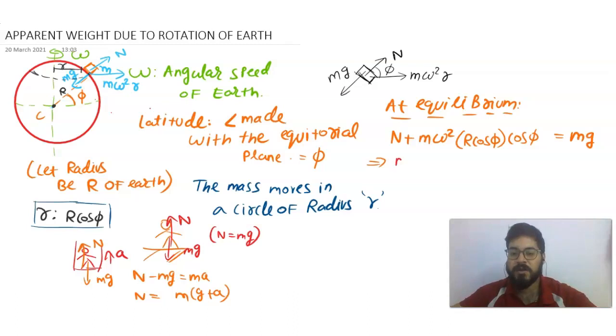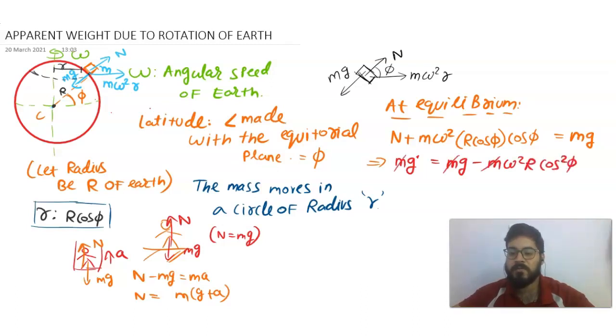So let's make it m times some other acceleration due to gravity, let's say g dash. That is your apparent acceleration due to gravity, you can say. From here you find that this is equal to mg minus m omega square r cos square phi.